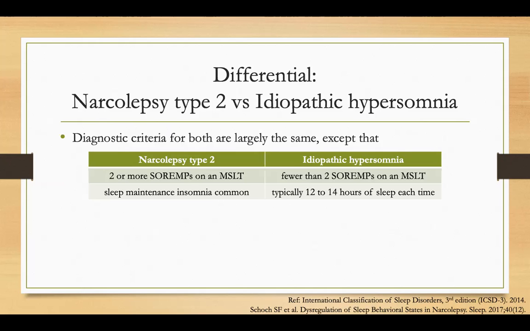Diagnostic criteria for both are largely the same, except that sleep onset REM periods are 2 or more on an MSLT in narcolepsy type 2, whereas they are fewer than 2 in idiopathic hypersomnia. Also, patients with narcolepsy commonly complain about sleep maintenance insomnia, but people with idiopathic hypersomnia can sleep for 12 to 14 hours each time, typically.